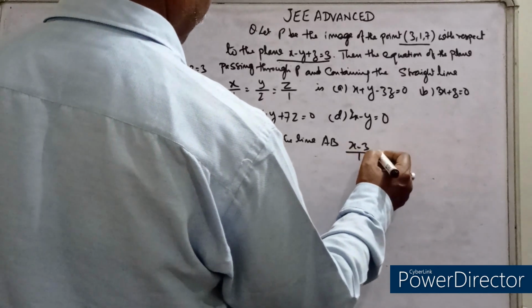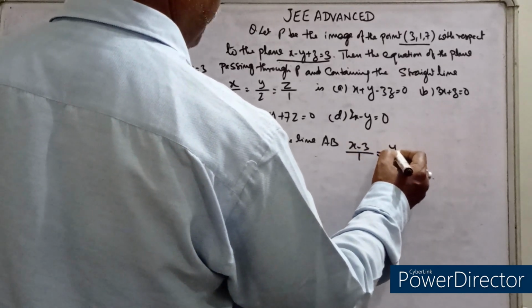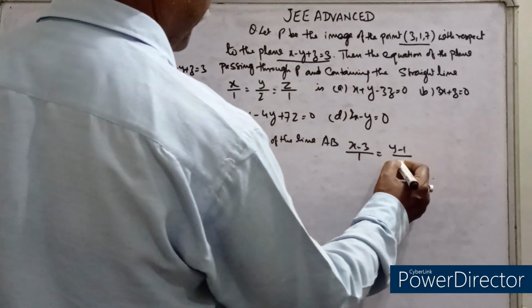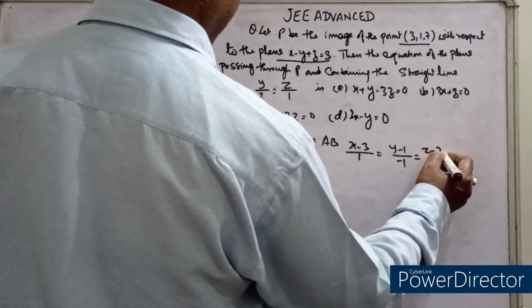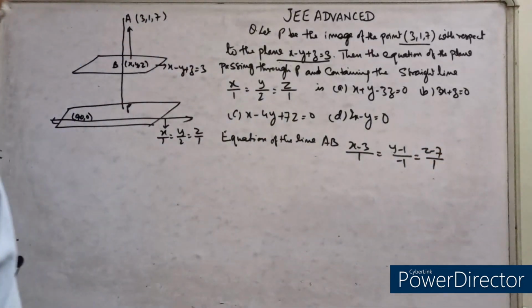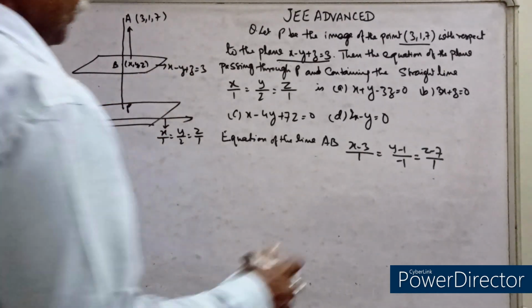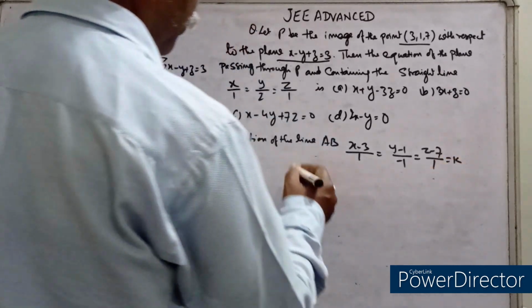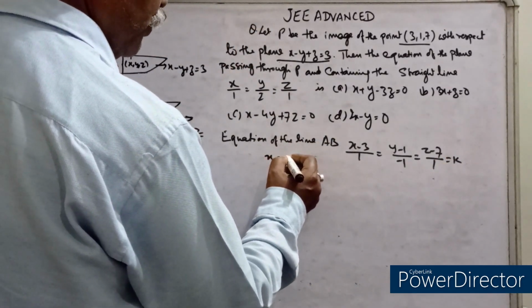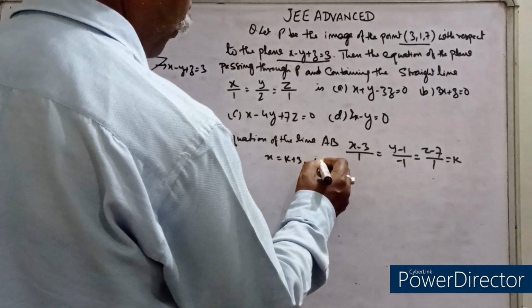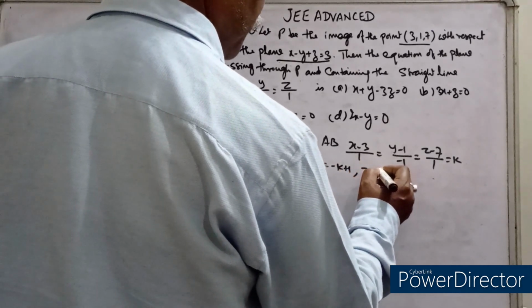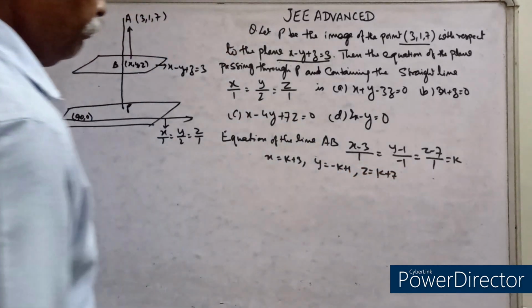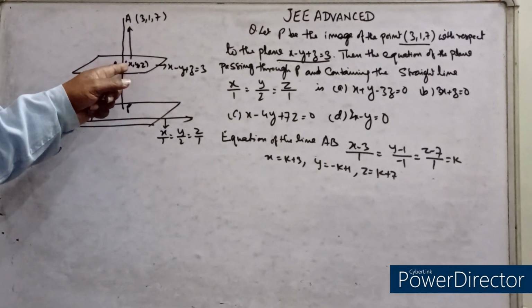So 1 equals (y minus 1) by minus 1 equals (z minus 7) by 1. Let this be k. So x will be k plus 3, y will be minus k plus 1, z will be k plus 7. So these are the coordinates of this point B.